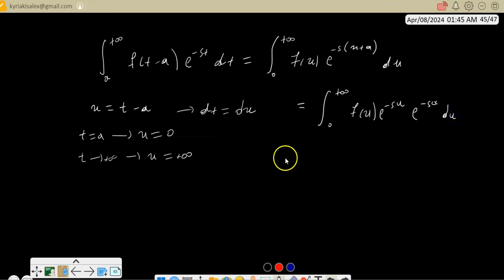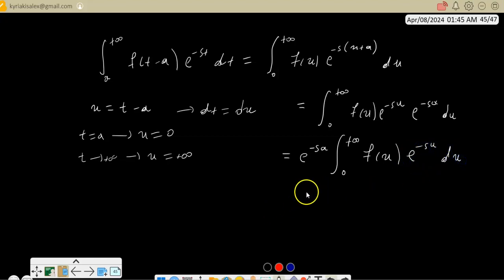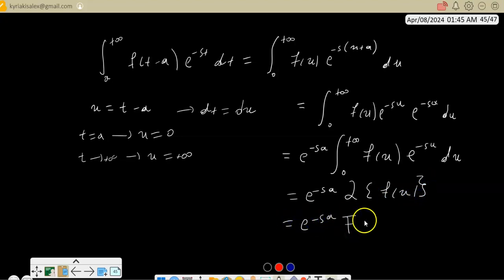and this is du. Now this exponential will go outside because the differential here is du, and I have f of u e to the minus su du. So it's e to the minus sa, Laplace transform of the function f of u, is e to the minus s times a F of s.